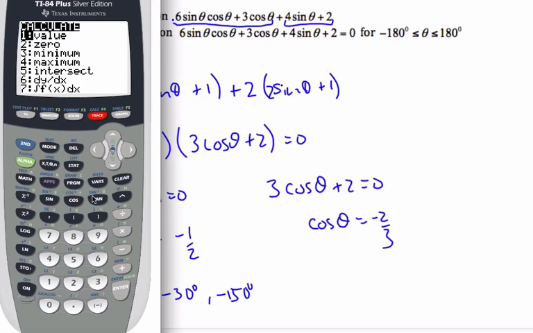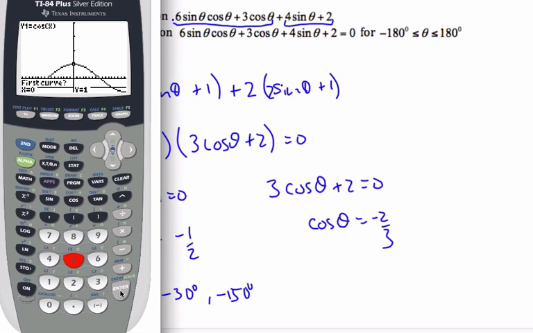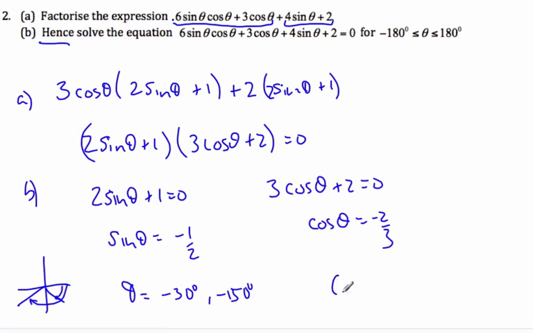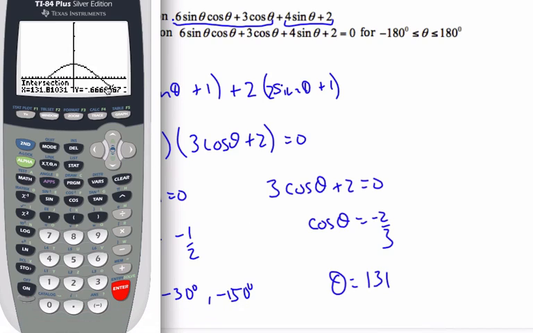Second, I'm going to use intersect: 1, 2, 3. And I get theta equal to 131, and that is in my first region.